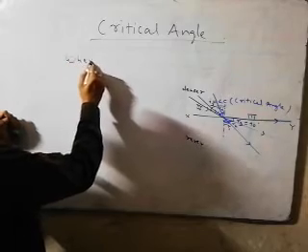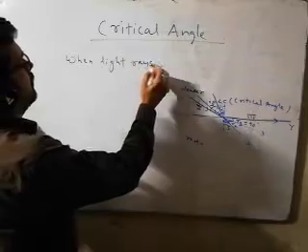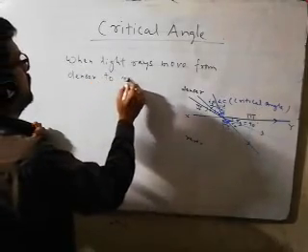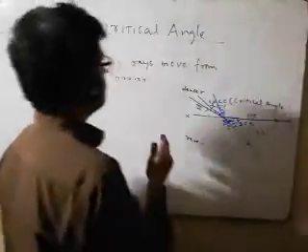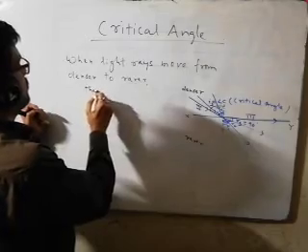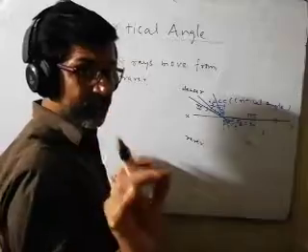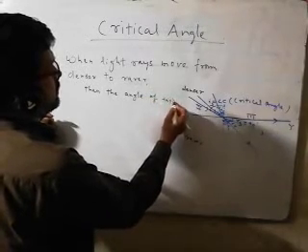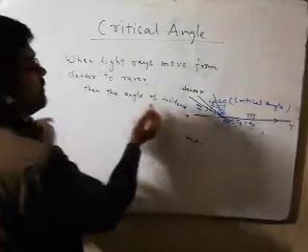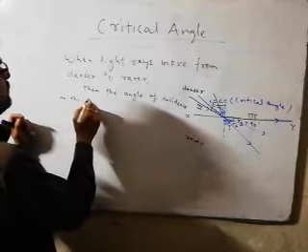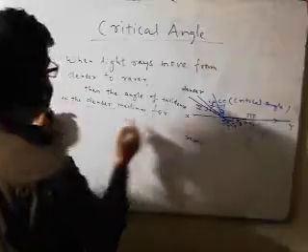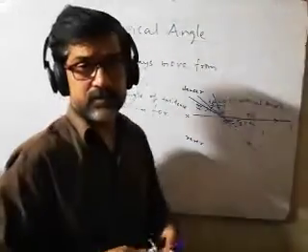So when a light ray moves from denser medium to rarer medium, the angle of incidence in the denser medium, and the angle of refraction in the rarer medium, you can see the diagram.